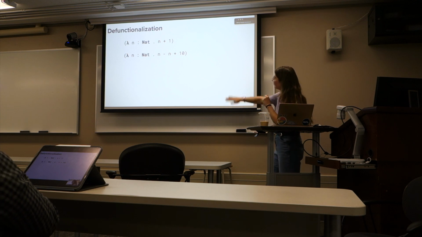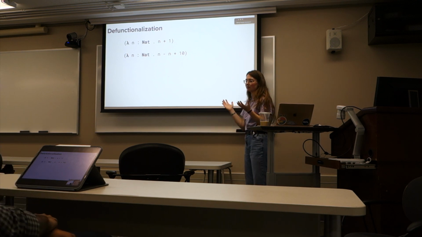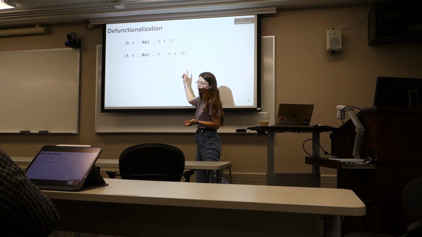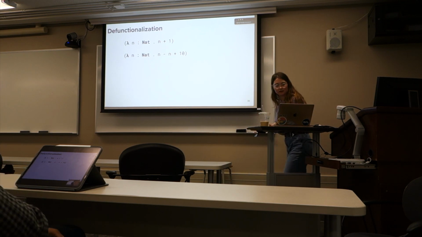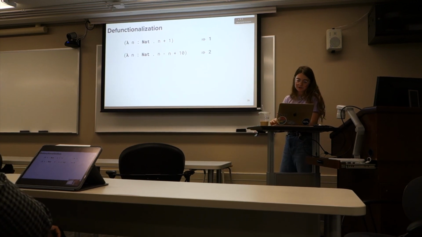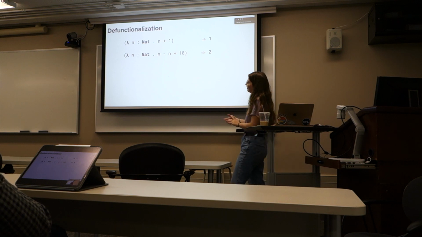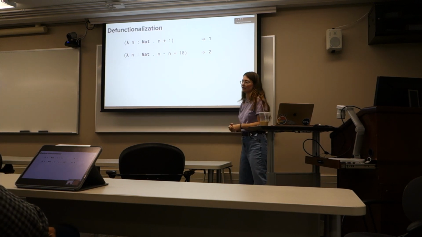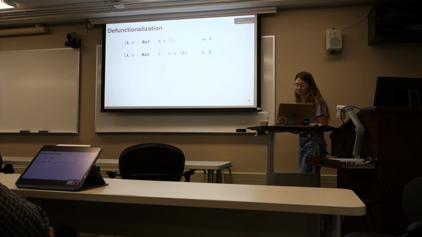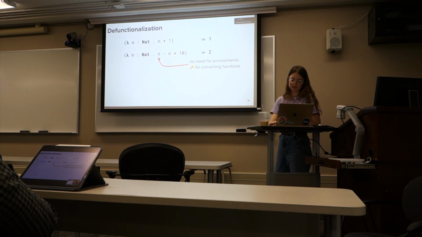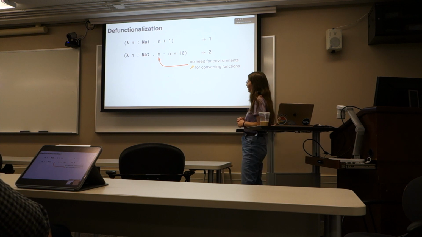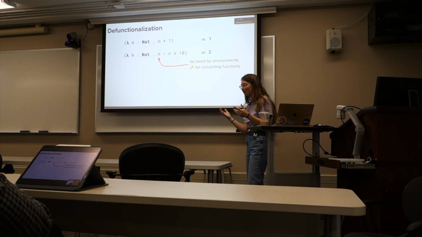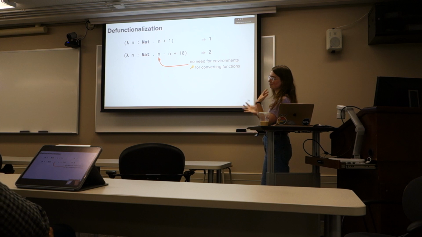So say you have two functions here, and they're obviously closed, right? They only refer to their formal parameter and some base data. I'm just going to say, okay, I know I have two functions of this particular type, so I'm going to convert the first one to 1 and the second one to 2. And you might be like, how is this a function at all? Well, we took so much time to convert our functions and closures and thought about the environment a lot.